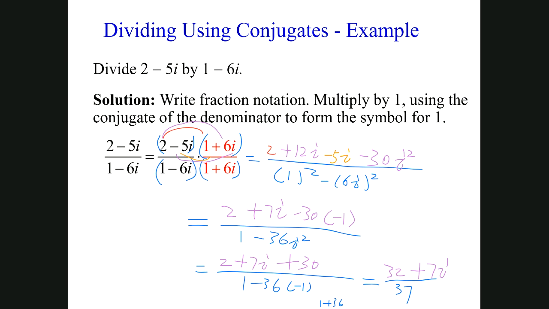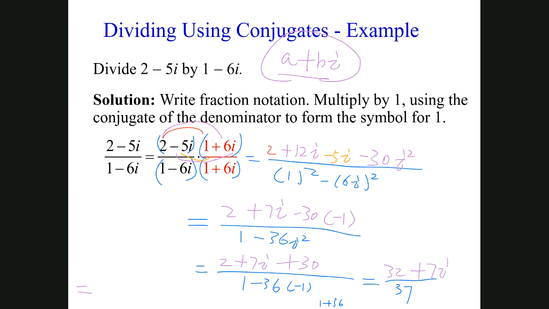So we get rid of i in the denominator. Sometimes the question says to write it in a plus bi form. How do you write this standard form? I will just write each term divided by the denominator.